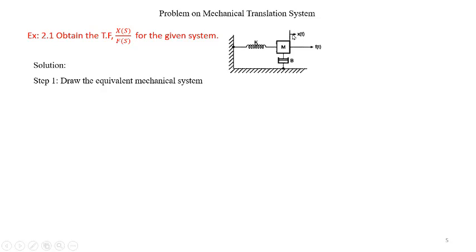Here the number of displacement is 1, as it is seen here. We are having one displacement, that is x of t. Hence the number of nodes here will be equal to 1, and that will be for the mass, taking one reference.